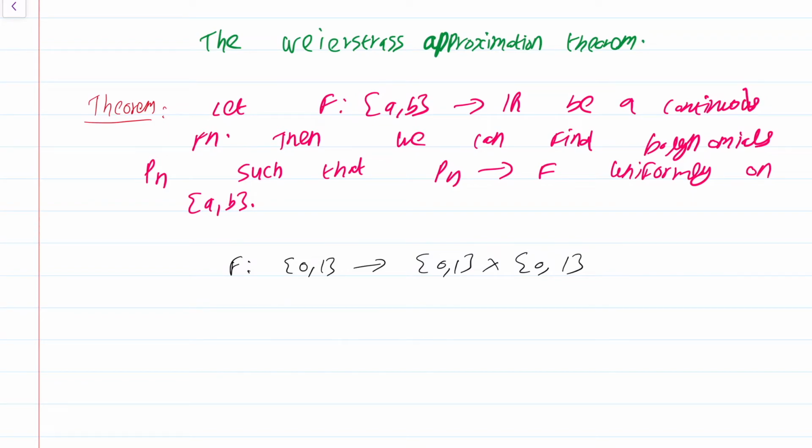We will do so in Real Analysis 2, such that this function is onto, or surjective. A surjective function from closed [0, 1] to closed [0, 1] cross closed [0, 1] is possible. This is called a space filling curve. So continuous functions can be extremely bizarre.